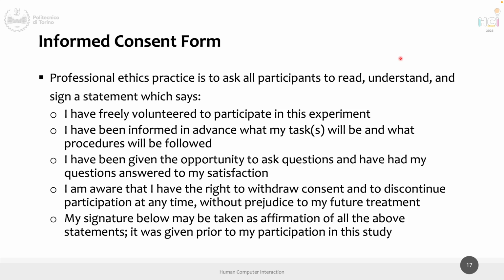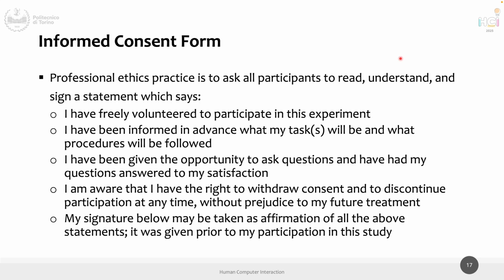About the consent form, we already briefly spoke about it when we talked about the interviews, but in this case it could be a little bit more precise because, of course, professional ethics practice is to ask all participants to read, understand, and sign, so to give explicit consent to, a statement that says these five things. First, I have freely volunteered to participate in this experiment, in this testing, in this evaluation.